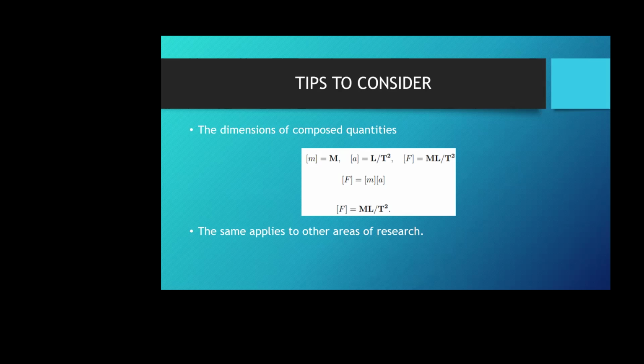If you multiply this by this, you obtain this. So at the end, the units of force are this. The same happens whenever you have an equation with composite quantities: you have to make the product of the units correspondingly. Okay?